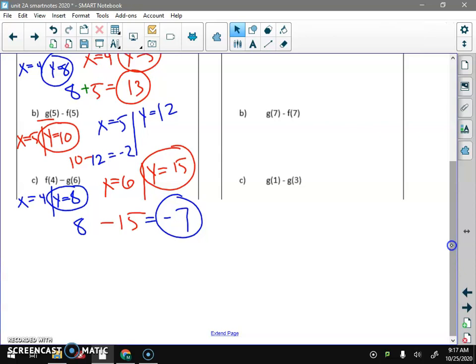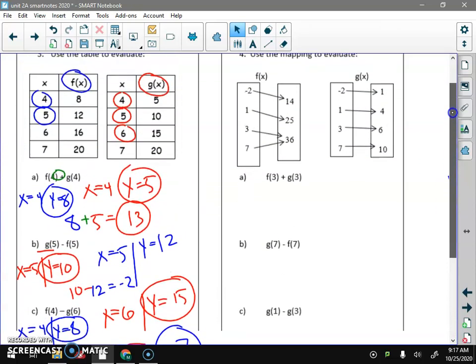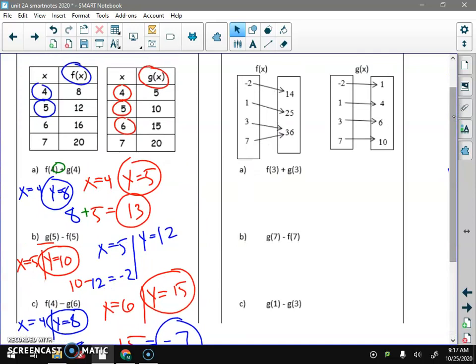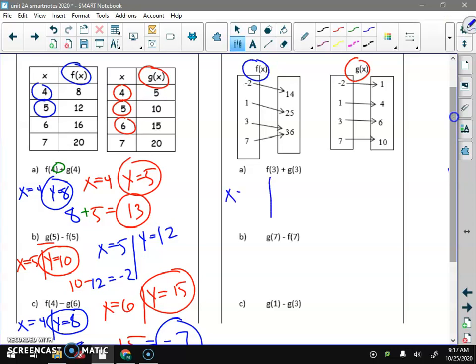All right, we got another table one and we got another graph one. Let's do the table. Pause the video here if you want and try it on your own. We're going to do the F again in blue and the G again in red. F of 3, draw that great wall. X equals 3. What does Y equal? Some people like to set it up. G, great wall, x equals 3.